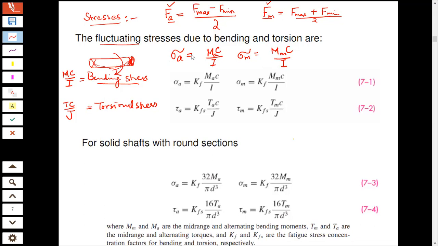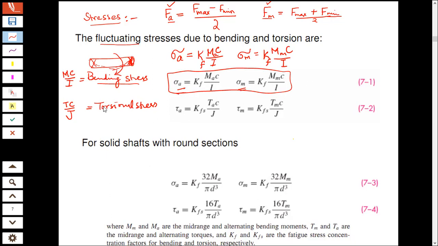But there is also going to be, this is not the very correct stress, because there is going to be some stress concentration in there, and therefore we are going to use a stress concentration factor Kf over here. If you look at these two equations which I wrote above, these are the two equations that represent the bending stress in a shaft, which is the alternating stress and the mid-range stress.